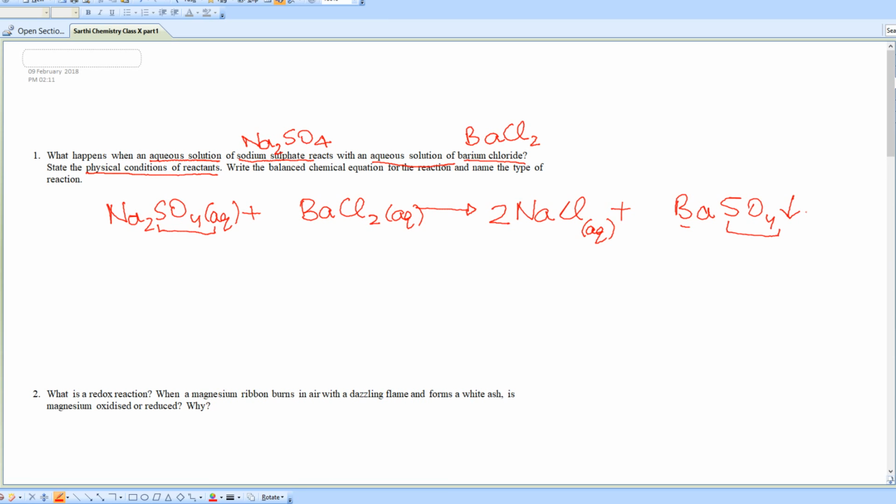It is insoluble in water, so it forms as a solid. So this is a white precipitate. Now name the type of this reaction. Of course, this is a double displacement reaction.